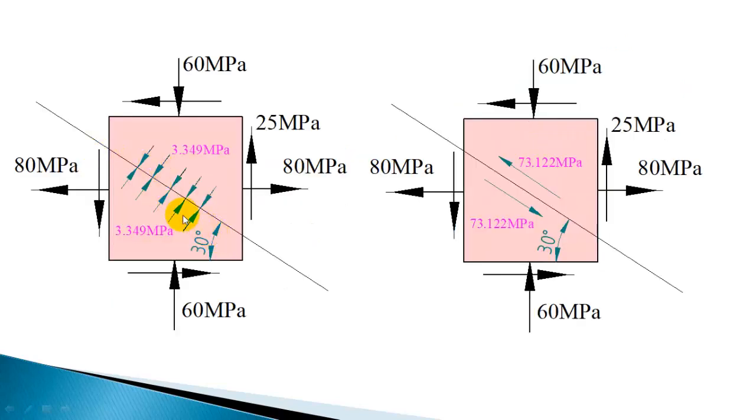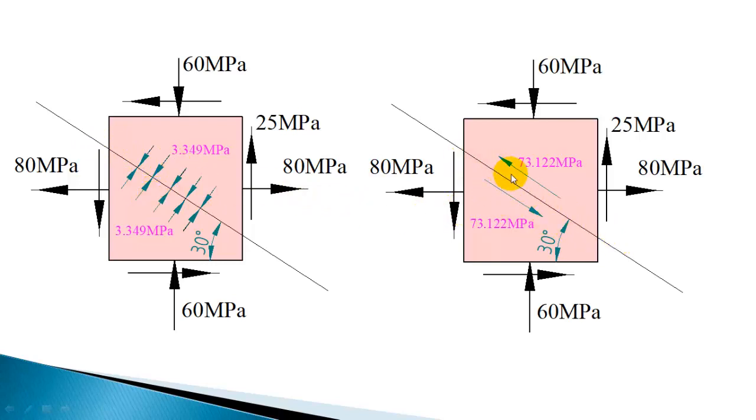So on this plane, which is inclined 30 degrees from the horizontal, you have compressive stress of magnitude 3.349 megapascal. A very small amount of normal stress is acting on this plane, and the nature of the stress is compressive. The stress induced perpendicular to this plane is compressive.